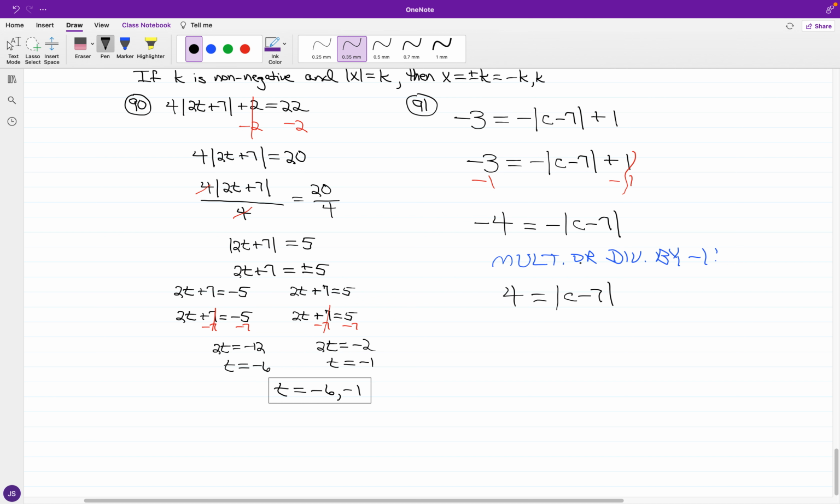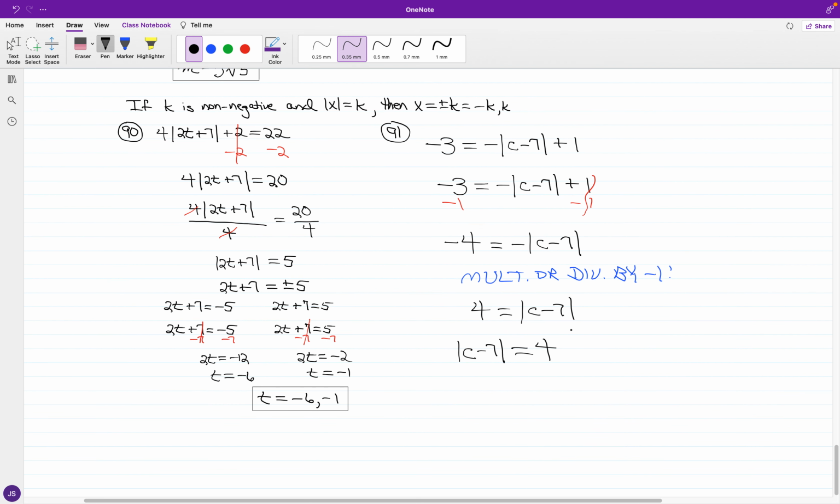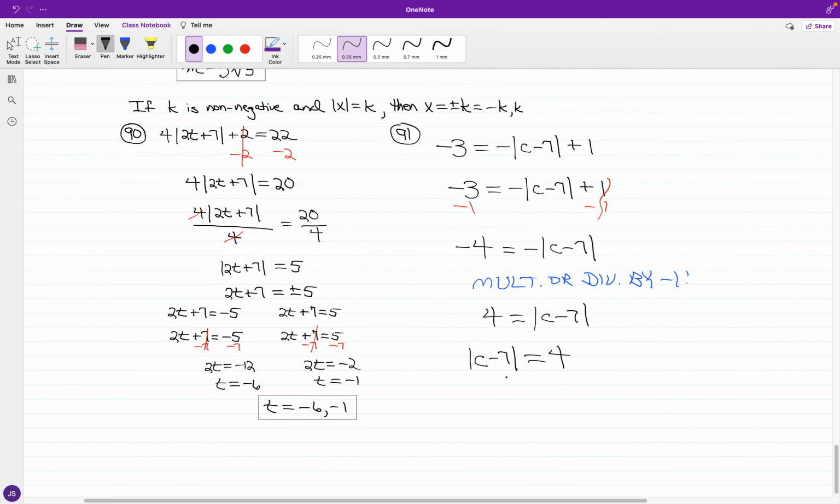And what I can do here is reorder, going from a is equal to b format, where I have the absolute value of c minus 7 to the left and 4 situated to the right. So here we have the absolute value of x represented by the absolute value of c minus 7, and k is going to be 4.